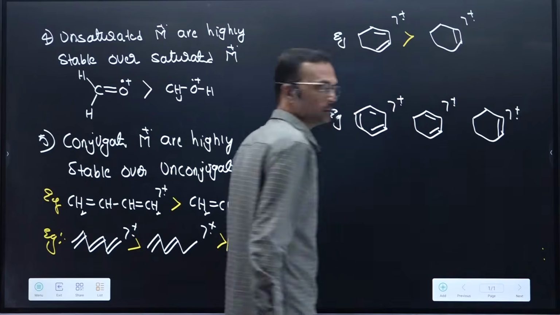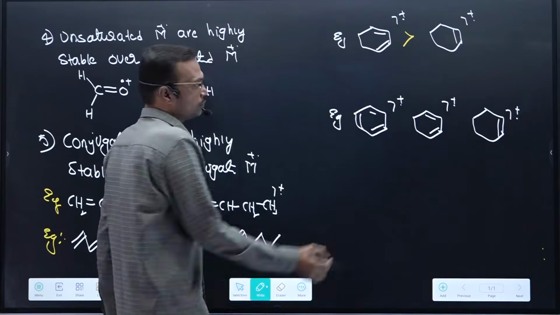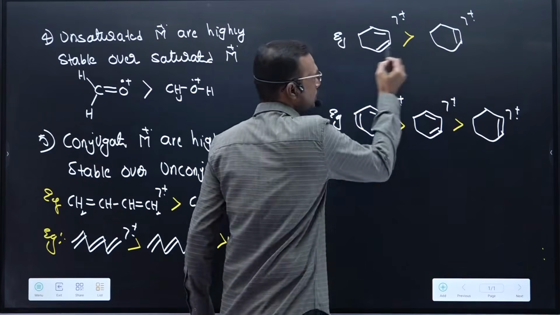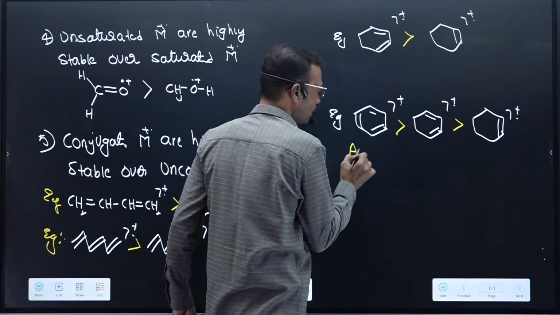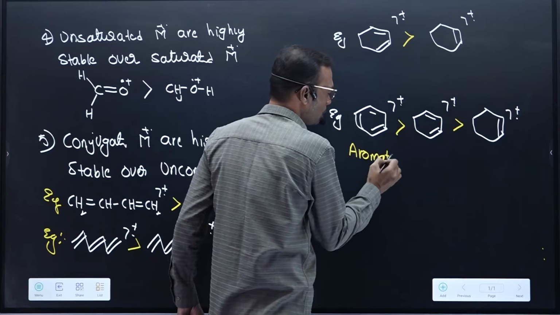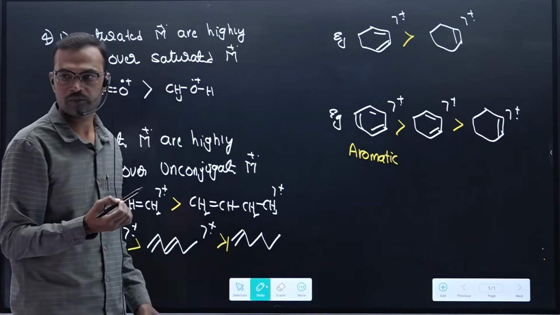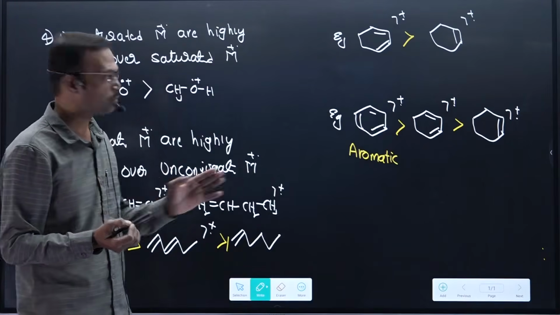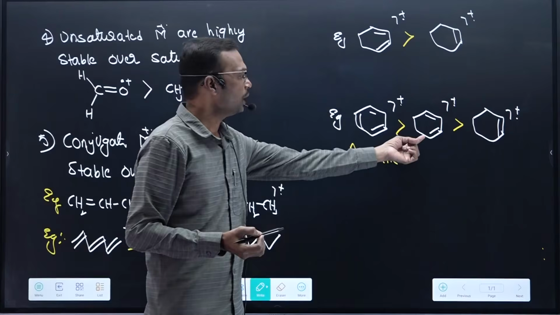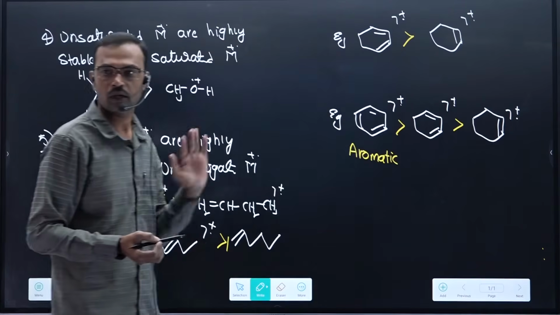So which is more stable? The first one. This is aromatic, right? So aromatic molecular ions are more stable than anti-aromatic molecular ions or non-aromatic molecular ions.